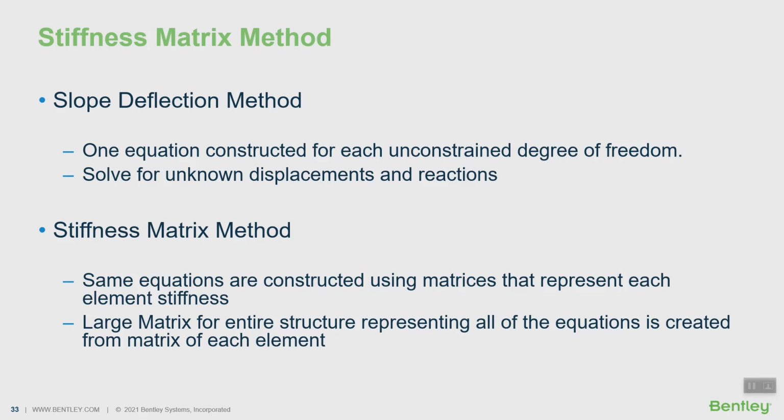In slope deflection method and moment distribution method, each degree of freedom is dealt with separately. For example, in a slope deflection method, one equation for each unconstrained degree of freedom is formulated, and unknown displacements and rotations are found out. In stiffness matrix method, we will end up with the same equations, but the equations are constructed using matrices that represent each element's stiffness.